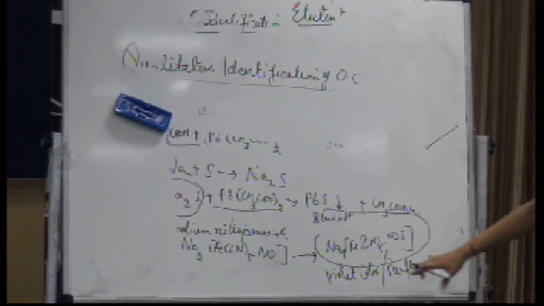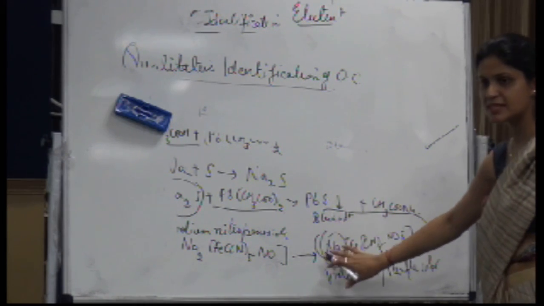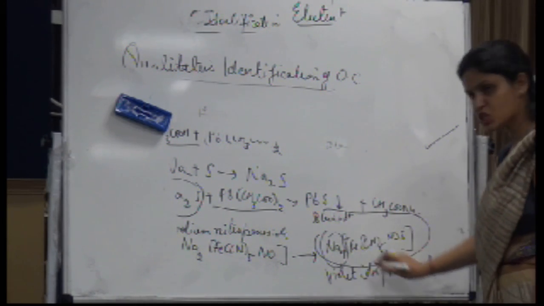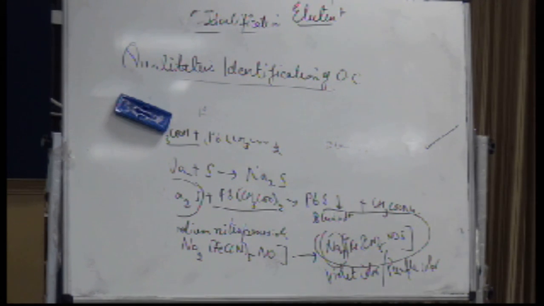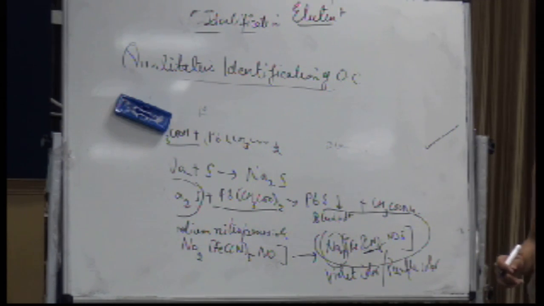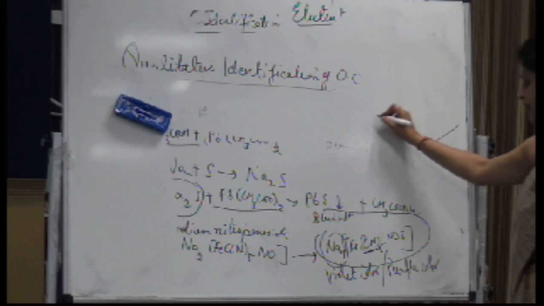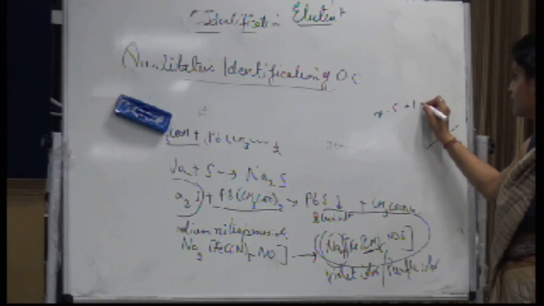You can name it as sodium. This is the salt, a coordination compound, right? So you will name it as sodium ferro. What is the oxidation state for this iron in this, 3 or 2? X minus 5 plus 1 and 0.